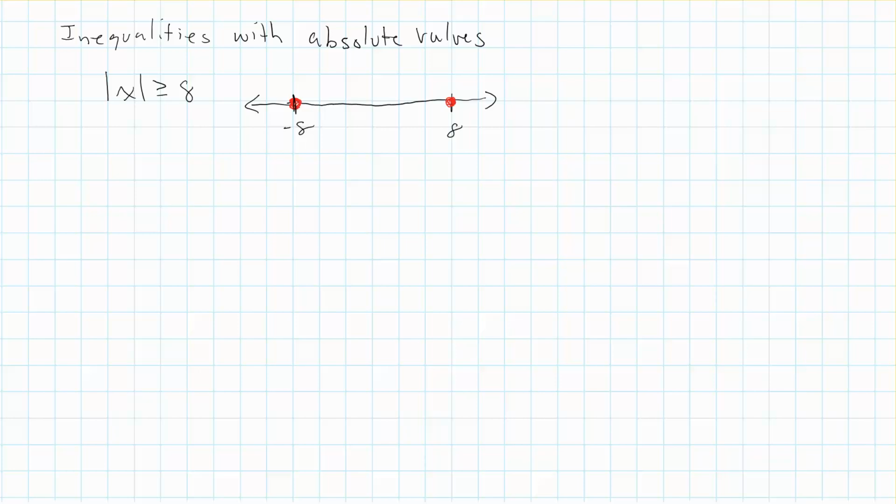Okay, so then what do we have here? Well, the absolute value of x has to be greater than or equal to 8. So we can clearly see, if we're looking at the positive ones, if I just go out to the right there, anything bigger than 8, 9, 10, whatever, 10.1, that's definitely going to be bigger than or equal to 8. Now if we come here, this is where we have to be a tiny bit careful.